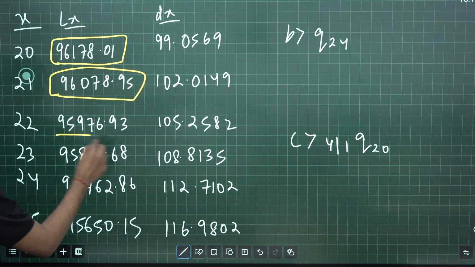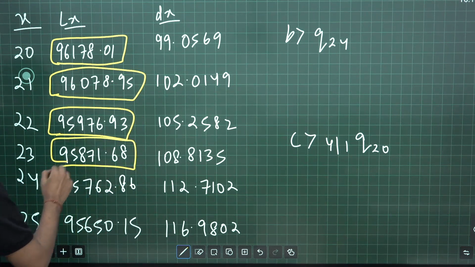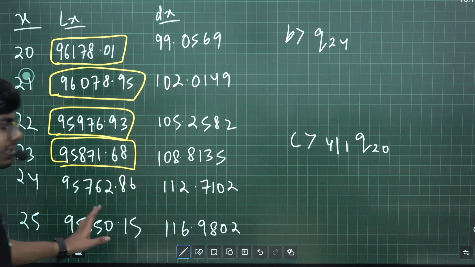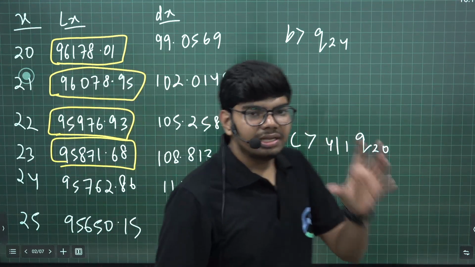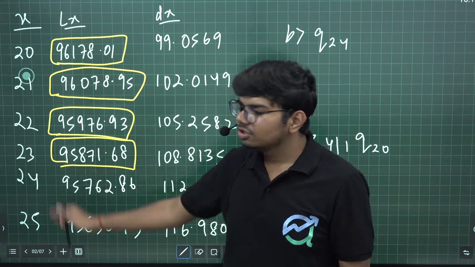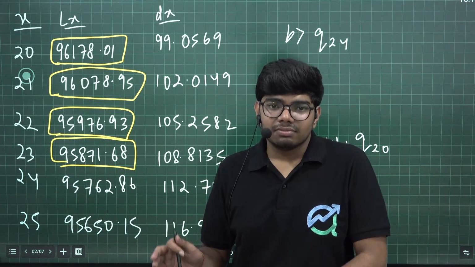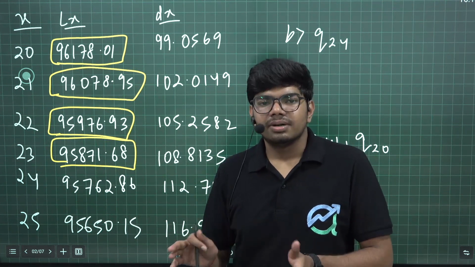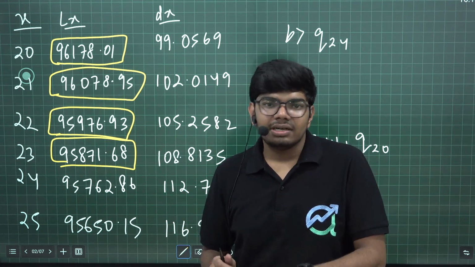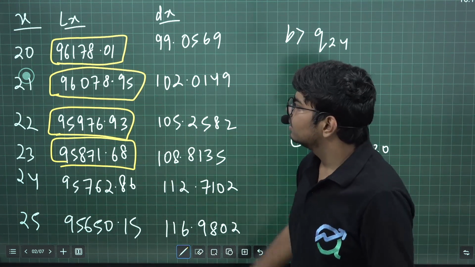This is the count who are alive at age 22. This is the count who are alive at age 23. So basically, 95,871.68 people are alive at age 23. Now it seems very unreasonable to have a non-integer value here, but as I said, this is representative data, not the actual data, so you do not have to worry about it being in decimals.